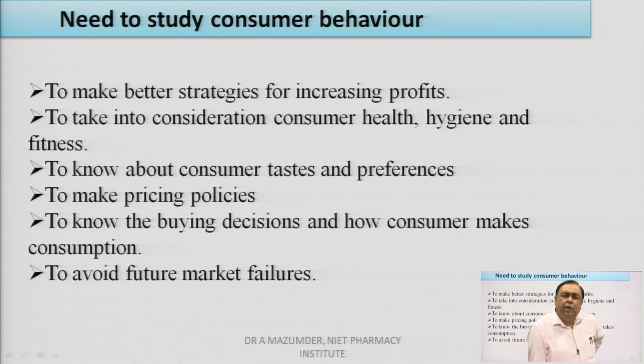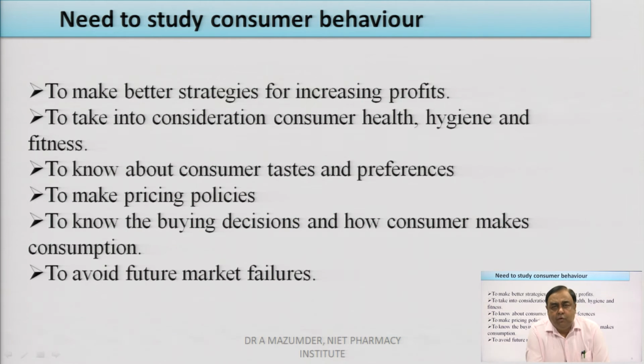The question is, why are we so much interested to know about consumer behavior? It is very much required. I have told you in the beginning of the class that it is very much required because it helps you to make a better strategy for profit maximization. It is very much important to know the consumer's health, hygiene, and fitness.